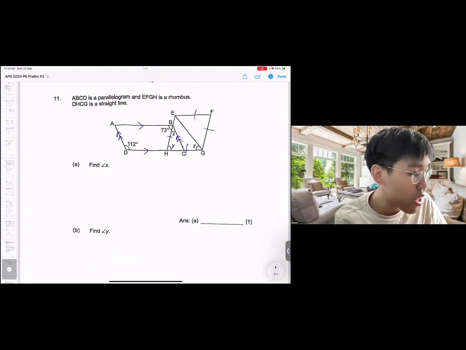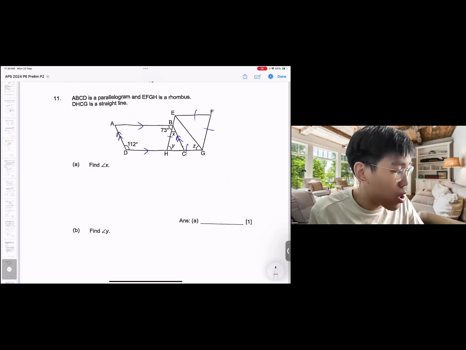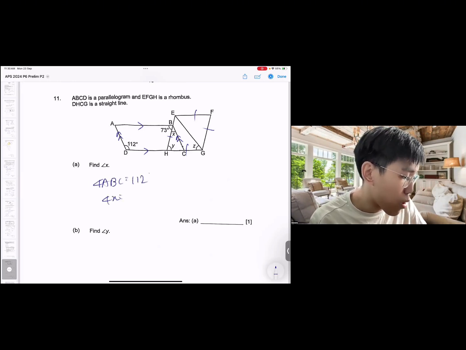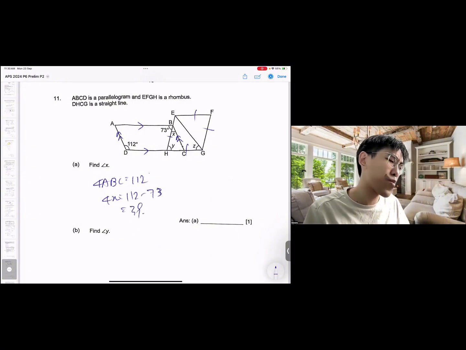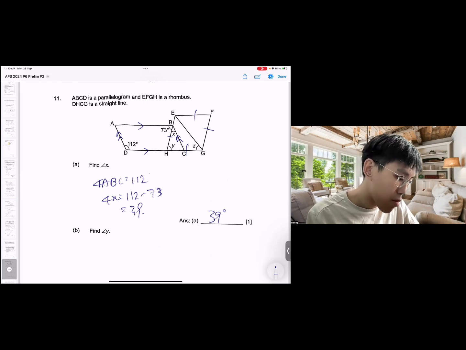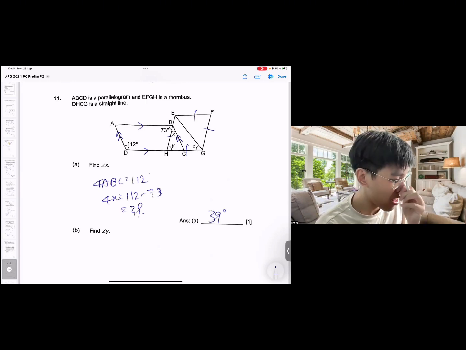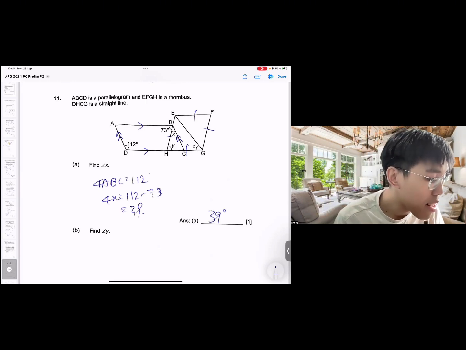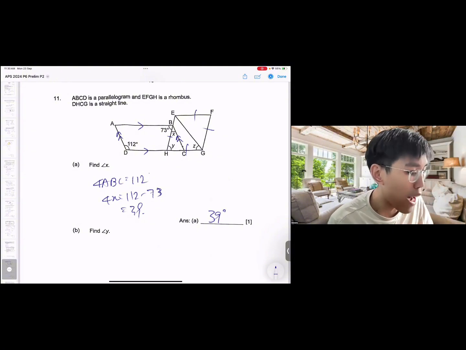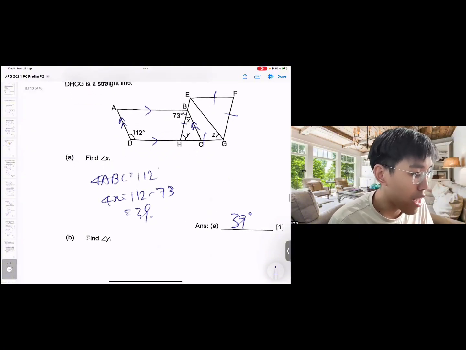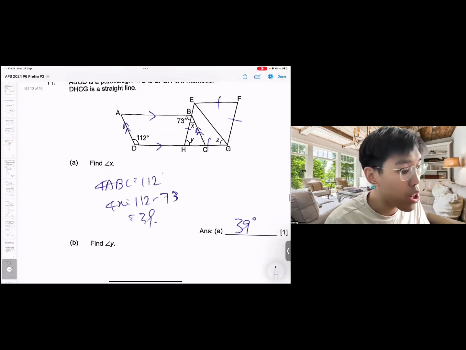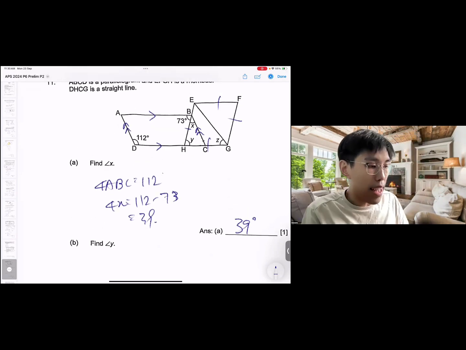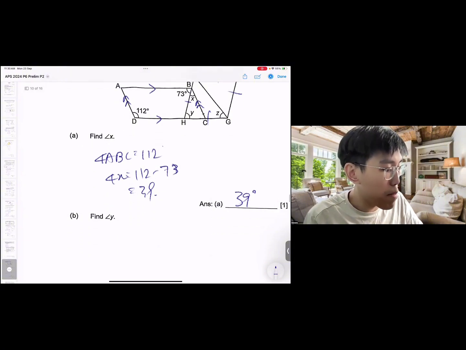Let's go and find x. Find x is pretty easy because we know that angle ABC is 112. So x will be 112 minus 73, that will be 39. Now find y. Now that we have x as 39, we can find y, because we can find BCD.